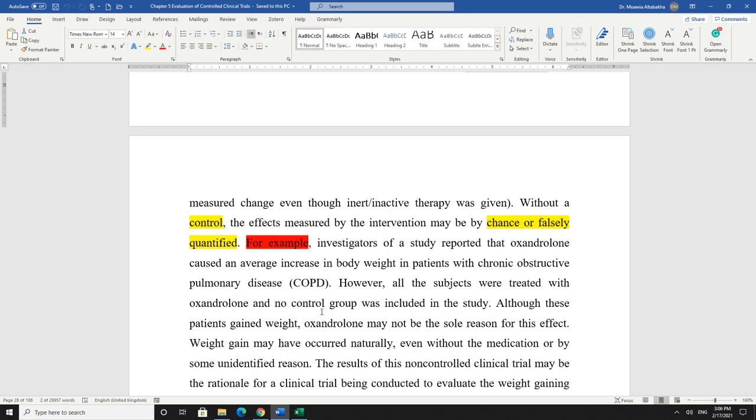Unless you have a control, your results will be weak, and you cannot just compare the baseline with the measurements that you take after that. So in order to prove that your drug is effective and measure this effect, you need to have a comparison. You need to have a control group.